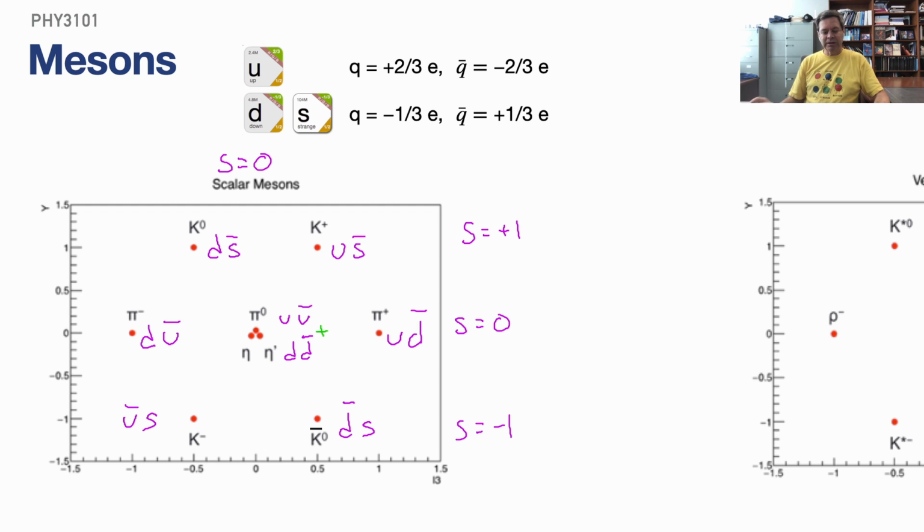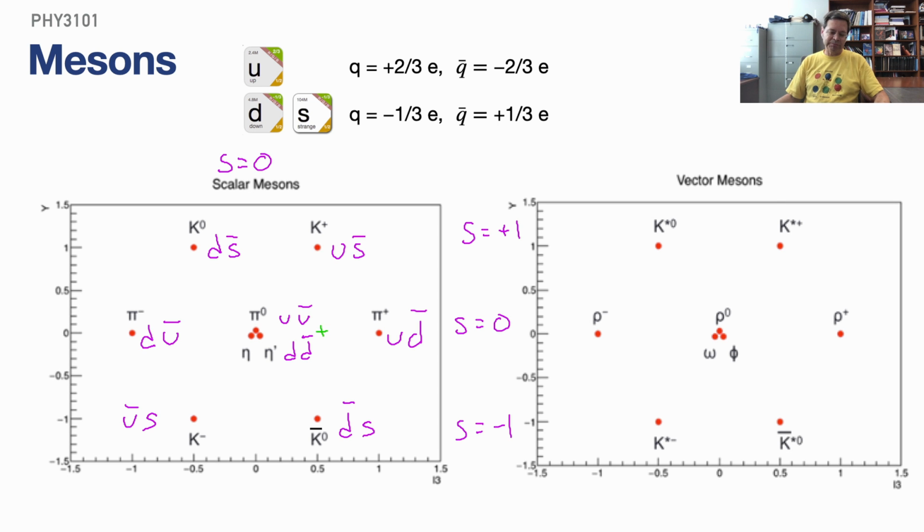Finally, we can bring in some more mesons. These would be the vector mesons. What does that mean? That means spin, and I've overused S here. I know it's not a strange quark. This is spin equals 1. So let me just write this here, spin. And here we have excited states of the particles to the left.